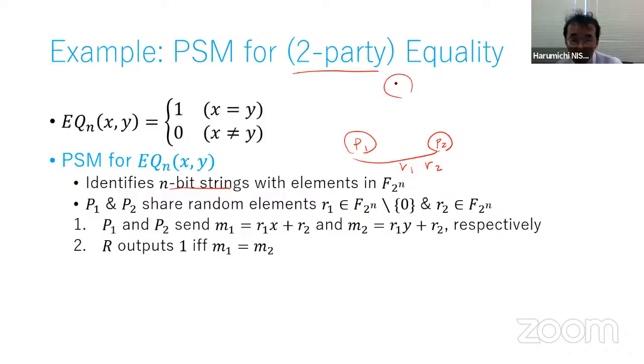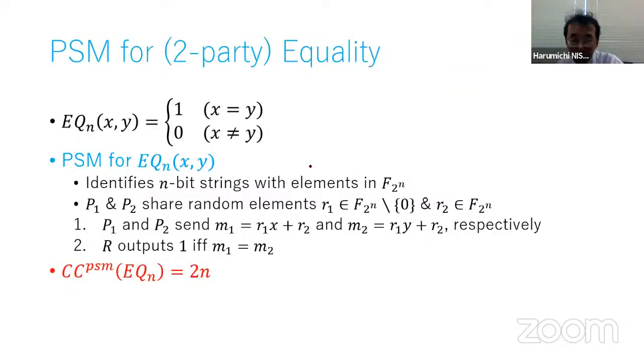One party has X and the other has Y. The message is masked by this randomness: M1 equals R1 X plus R2, and M2 equals R1 Y plus R2. Finally, the referee outputs 1 if the messages are the same. Of course, this protocol's communication complexity is 2n.